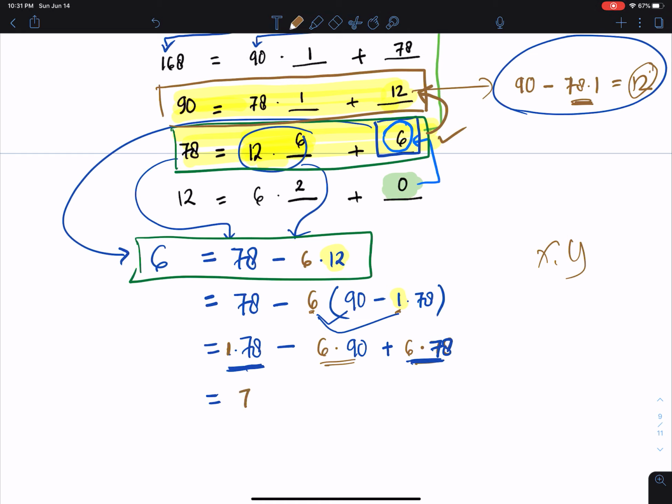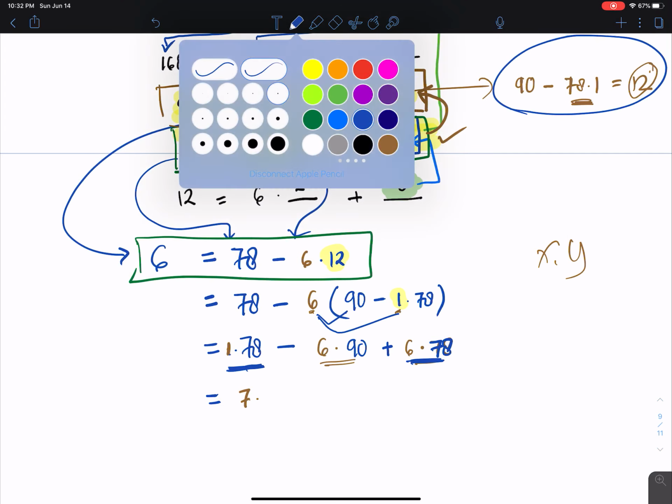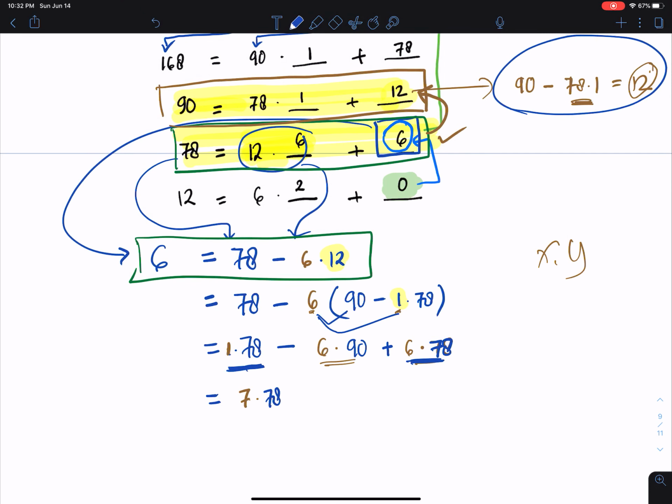We get 778. Can you imagine that? Because here 1 plus 6, 1 plus 6 we get 7. And the variable is 78, we assume, because we assume that 7 is the coefficient. And minus 690. That's all, so that's for this row.